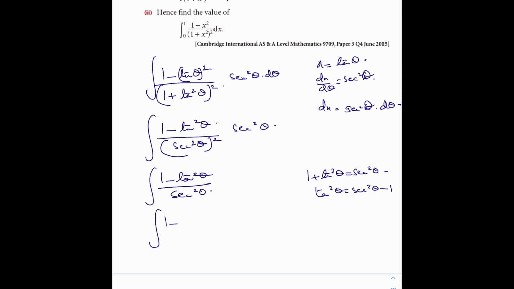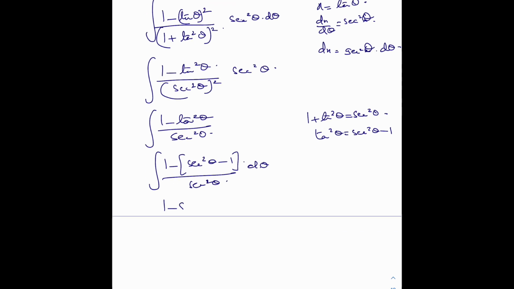So we can write this as 1 minus (sec square theta minus 1) upon sec square theta dot d theta. So it's 1 minus sec square theta plus 1 upon sec square theta dot d theta. It's 2 minus sec square theta upon sec square theta.